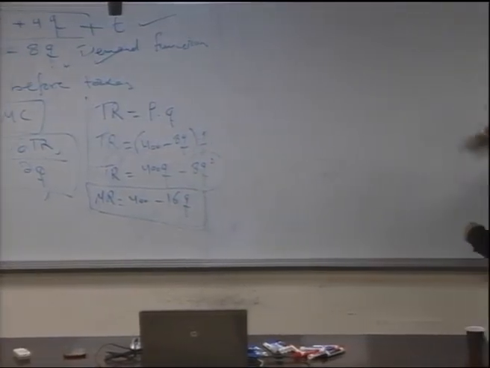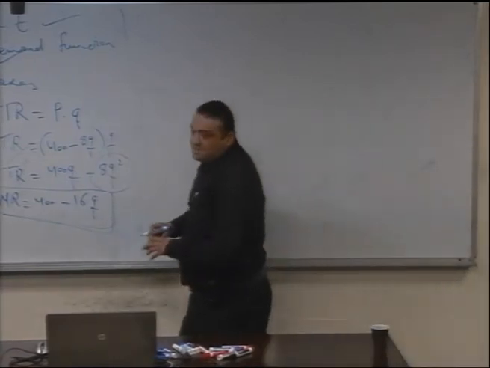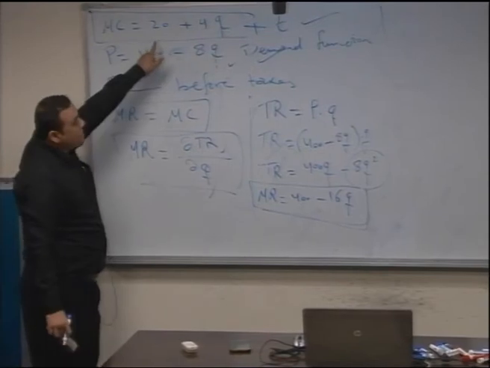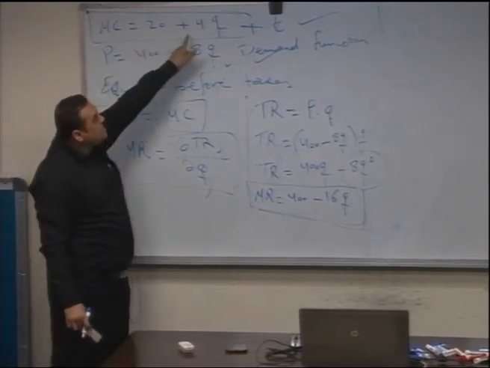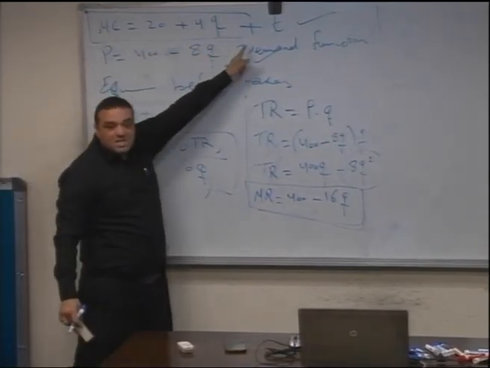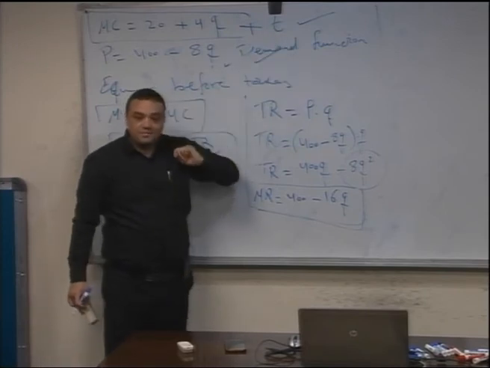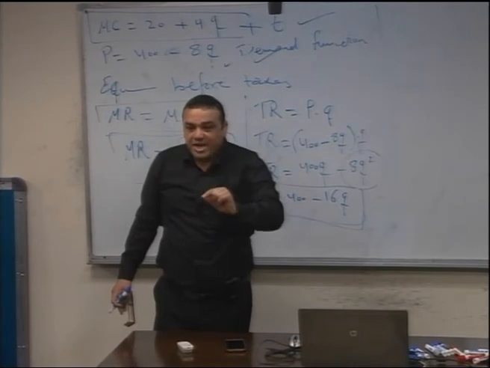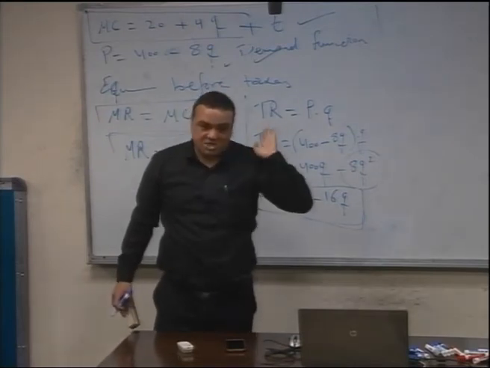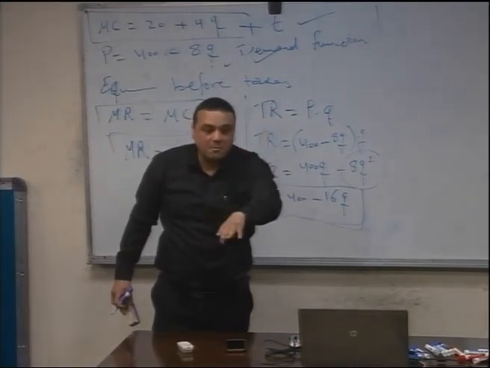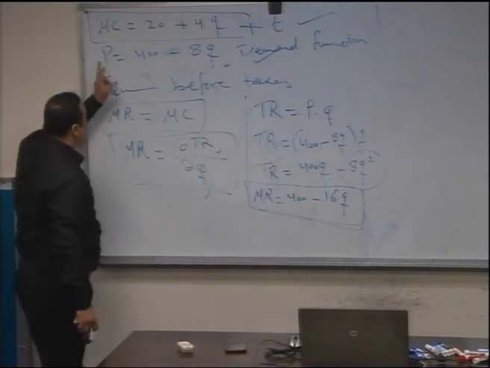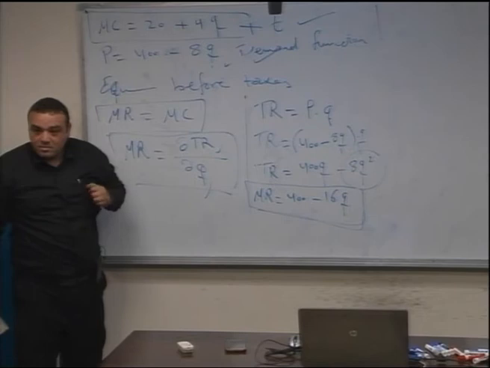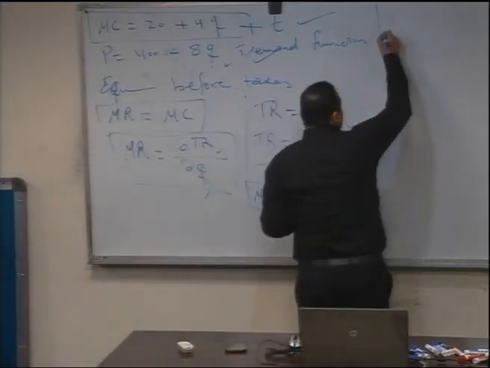After taxes, the marginal cost function becomes 20 plus 4Q plus the per unit tax, because I'm dealing with the marginal cost as a supply function or supply price.